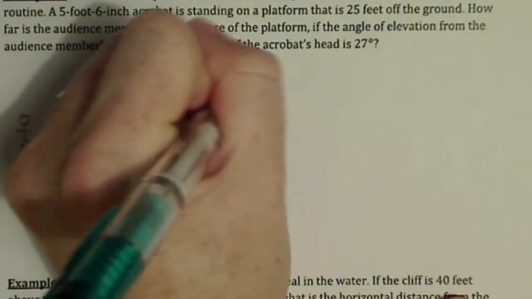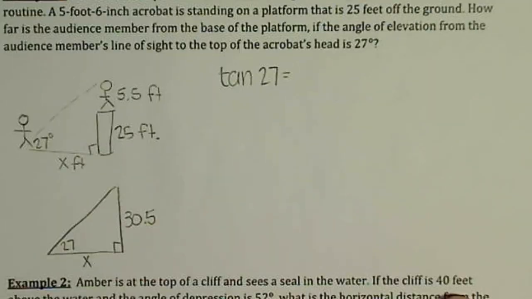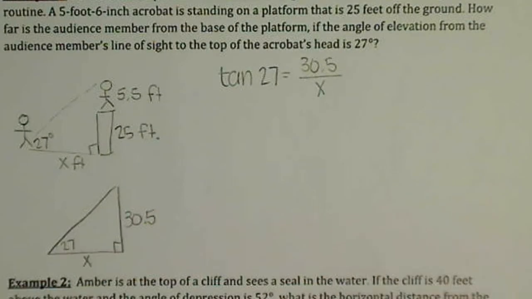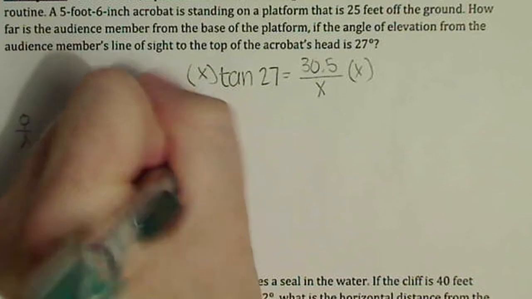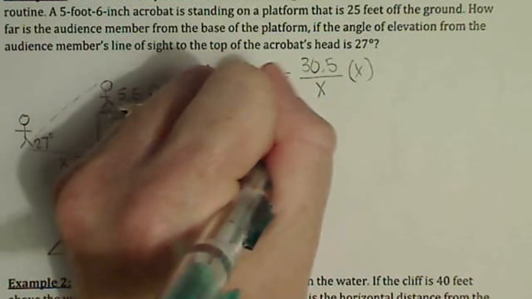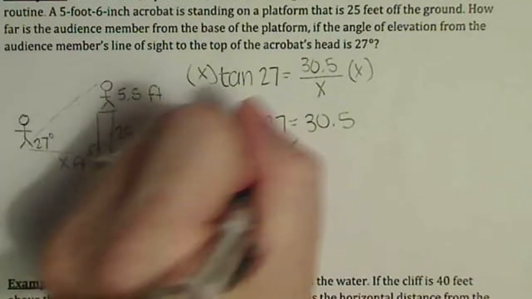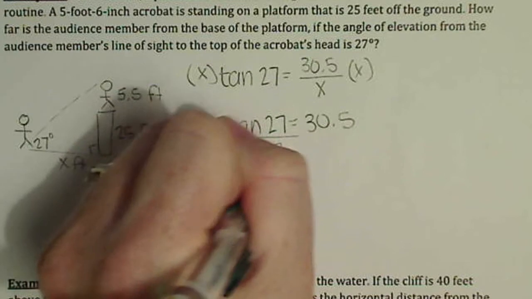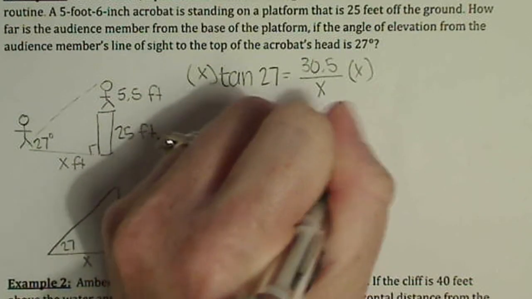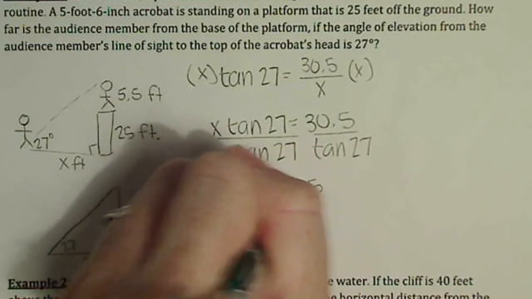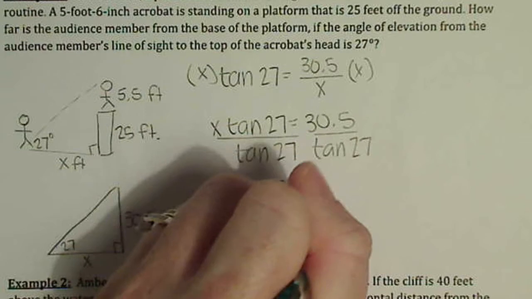The tangent of 27 equals 30.5 over x. If I do a little bit of algebra, multiply both sides by x, I get x tan 27 equals 30.5. I want x by itself, so let's divide by the tangent of 27. Remember, that's a package deal. It has to go together. X equals 30.5 divided by the tangent of 27.